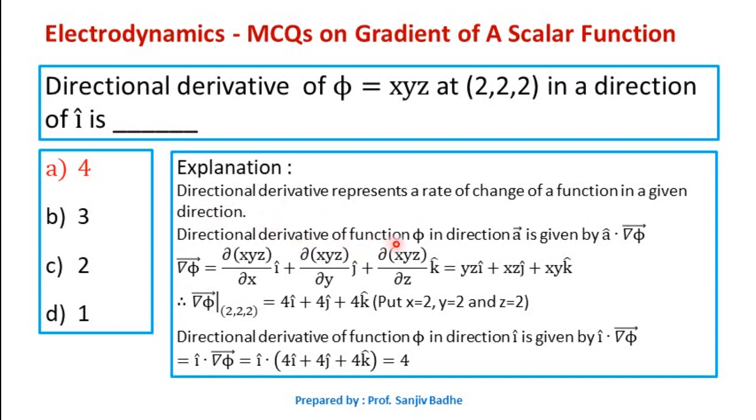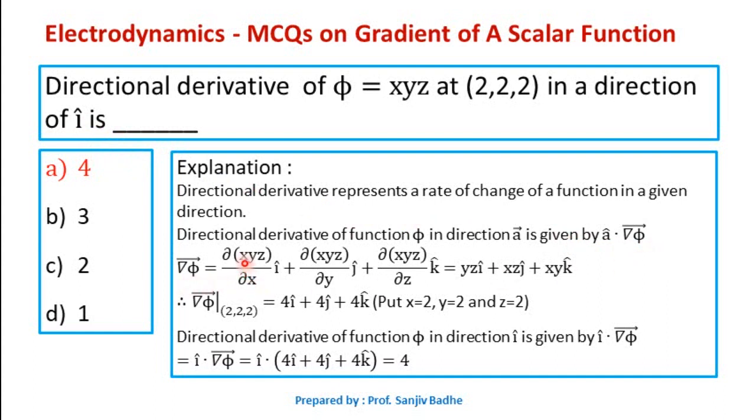A directional derivative of function phi in a direction a bar is given by a cap dot gradient of that function. So in order to find directional derivative of phi in direction i cap, first of all we will have to find out gradient of phi, and then we will take dot product of i cap and gradient of phi.